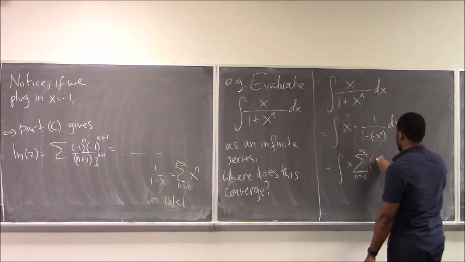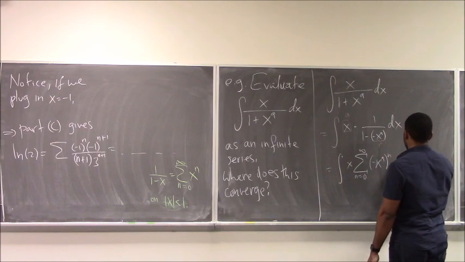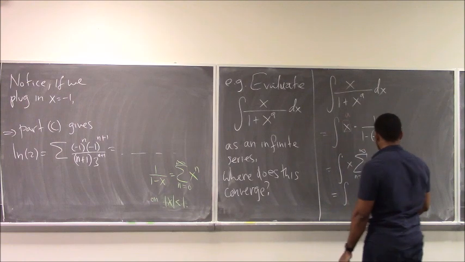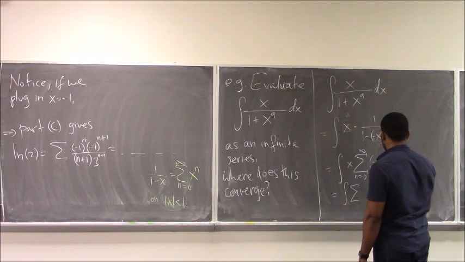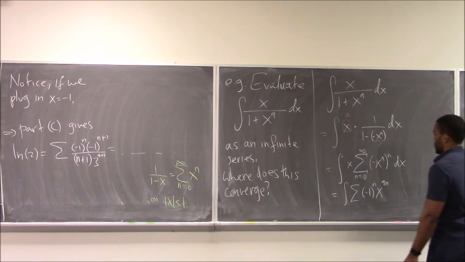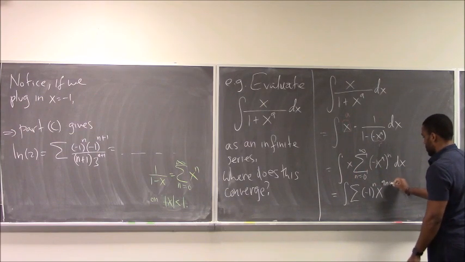And this will be minus x to the 9th to the n. Well, this is minus 1 to the n. This is x to the 9n from right here. And if I multiply this x in, I get 9n plus 1.